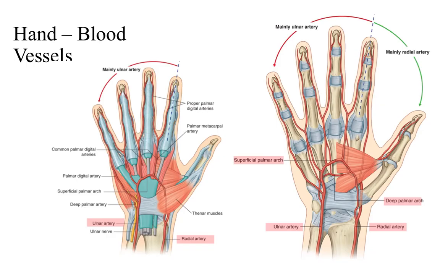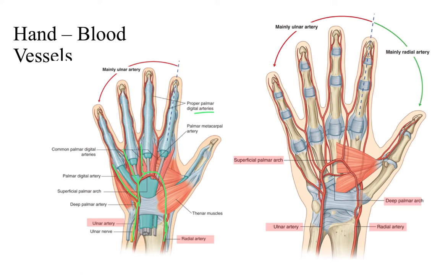Blood to the hand is supplied by the ulnar artery as well as the radial artery. And you notice they form this arch, this superficial palmar arch right here. And then from that arch, the arteries spread out to each one of the digits, these palmar digital arteries.